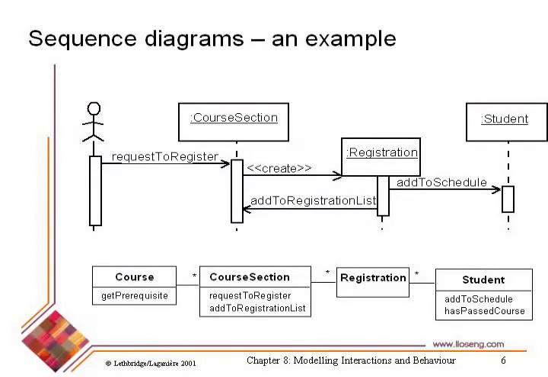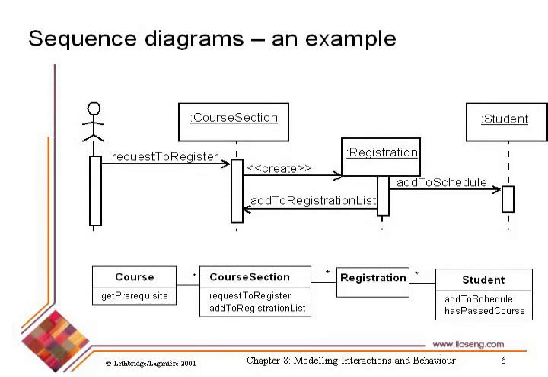So the actor or the user interface will send a request to register message to a course section object. Notice it's an object because it's colon underlined. Okay, which will then say create. And this will create a registration object. Notice the create stereotype. Okay? And the fact that this registration object is below the baseline.